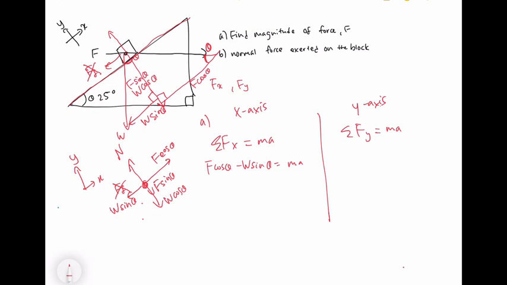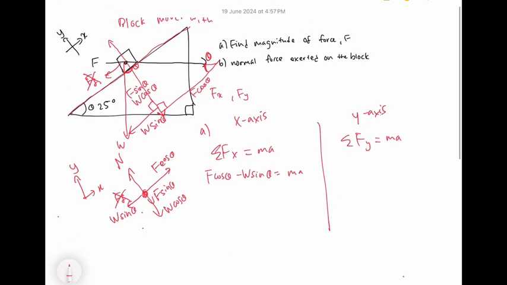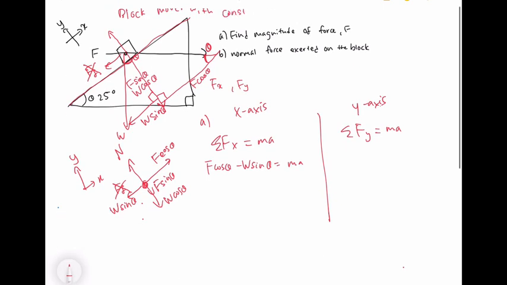Since the question says the block moves with constant velocity, it means that a is actually 0.